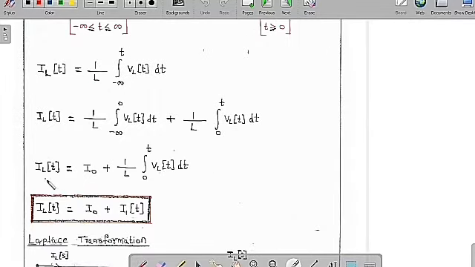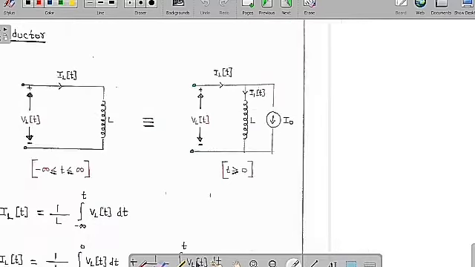So we can say clearly IL of t is equal to I naught plus 1 by L integration of 0 to t of VL of t into dt. I am going to assume this is nothing but I1 of t. So IL of t is equal to I naught plus I1 of t. I can draw the circuit in this fashion, with VL of t and IL of t, same as the previous one, the same inductor L, but here now it is I1 of t and this is a constant current of I naught.